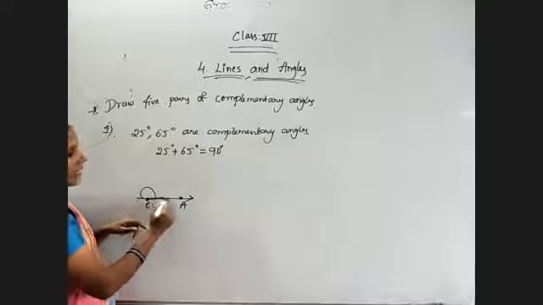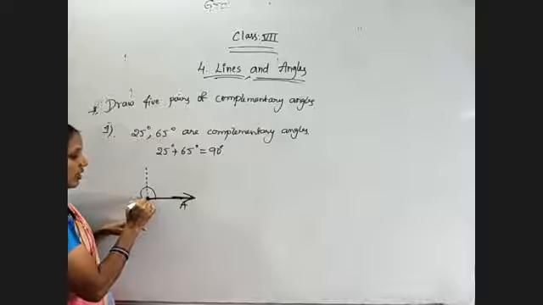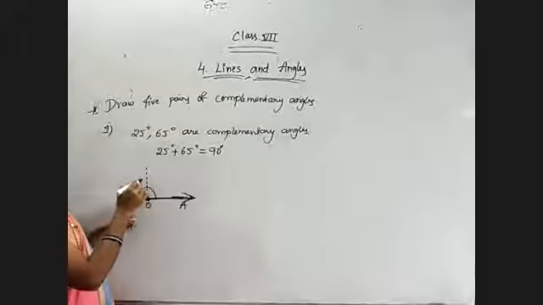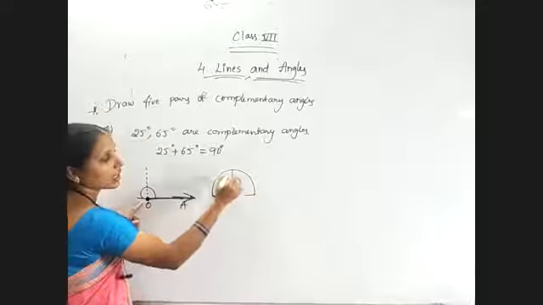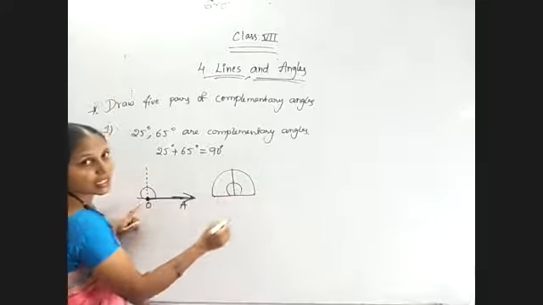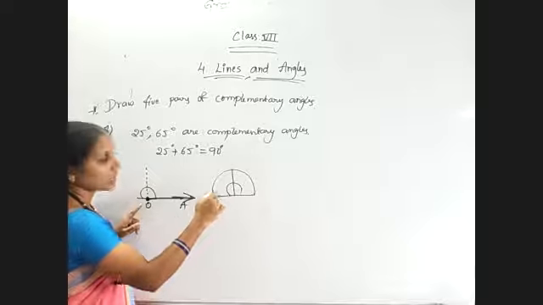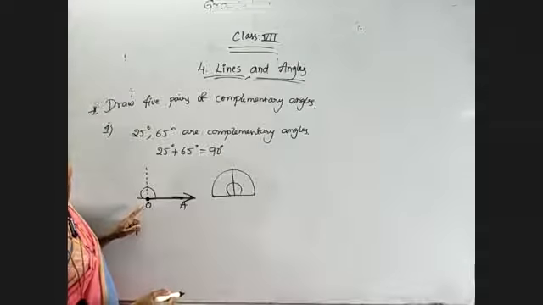Yes or no? 180 degrees is on the ray and 90 degrees is on the vertex. Wherever they are intersecting, that point should be on the vertex. So I hope you know what the protractor is. In this way, we will get 90 degrees, 180 degrees, total 0 to 180, upper scale and inner scale also. You have done in 6th class several problems using the protractor.